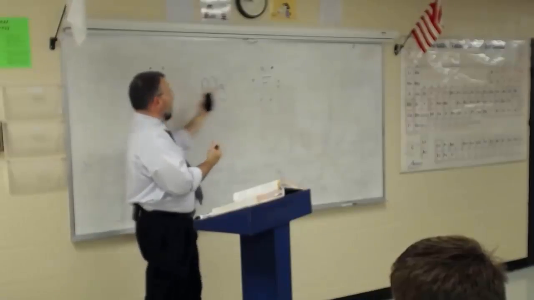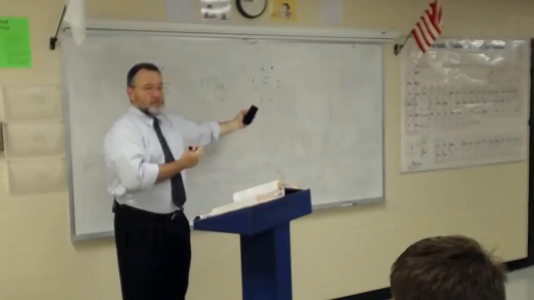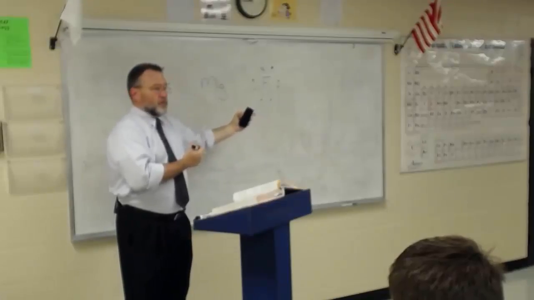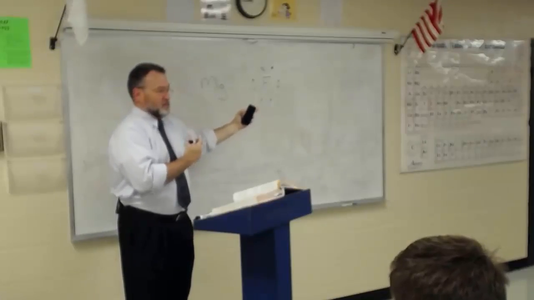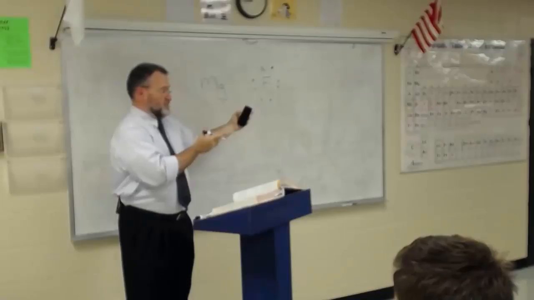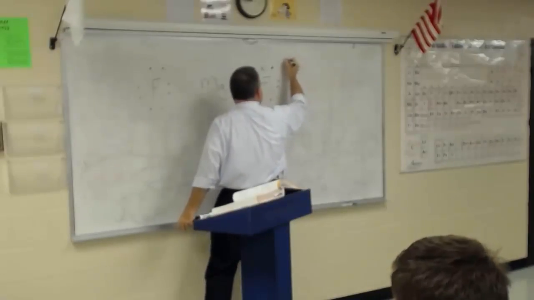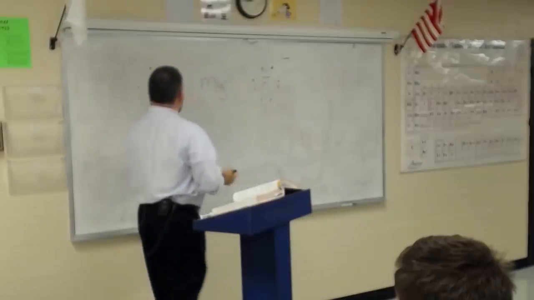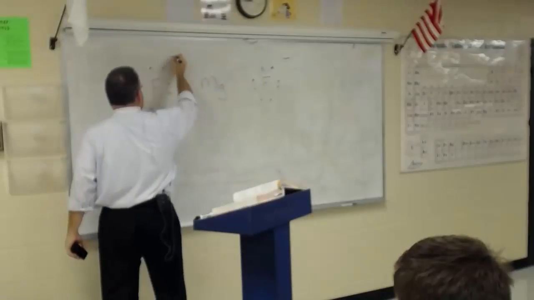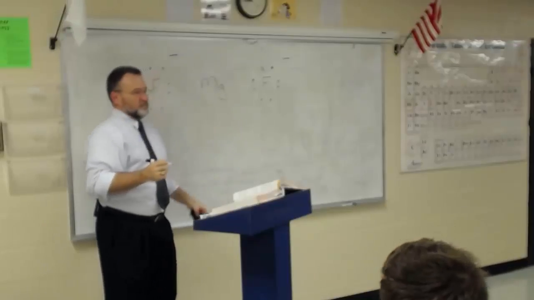These have both become what charge? What charge does the fluorine now have? Each one of them has a charge of negative 1, right? This one gained an electron, so it's got a negative 1 charge. This one gained an electron, so it now has a negative 1 charge. What's the charge of my magnesium?